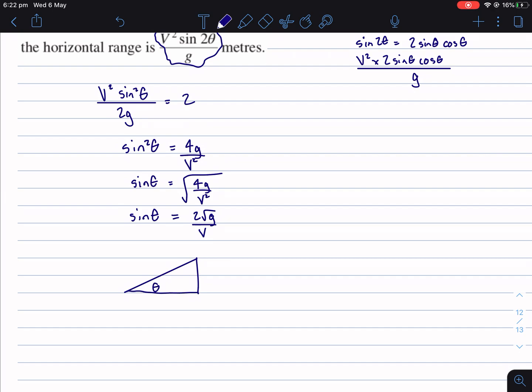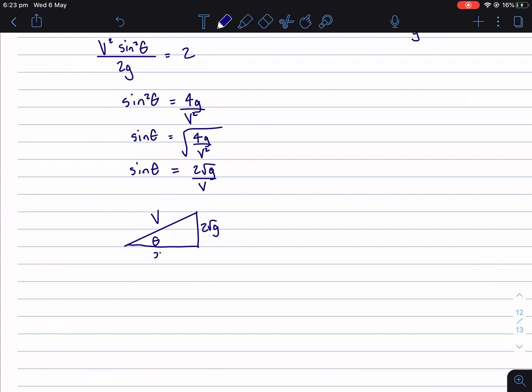Oh, look, I'm going to call it something else just to remove any confusion. So d equals v squared take 2 root g squared. So it's v squared take 4g.